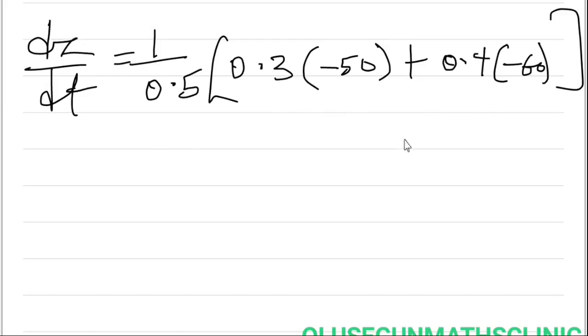So when you apply your calculator, we have minus 78 miles per hour.